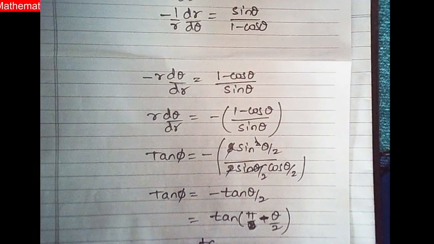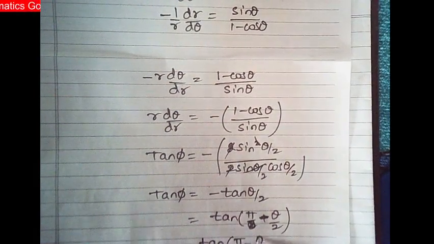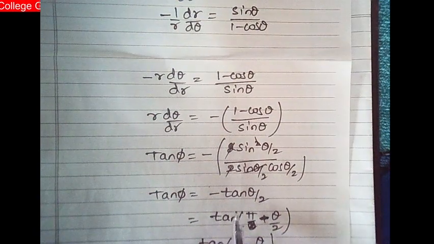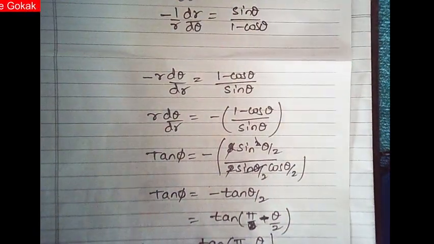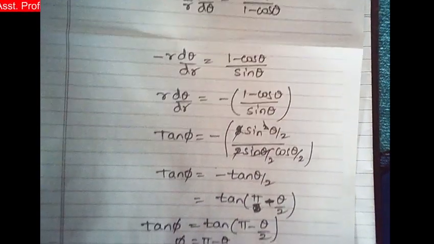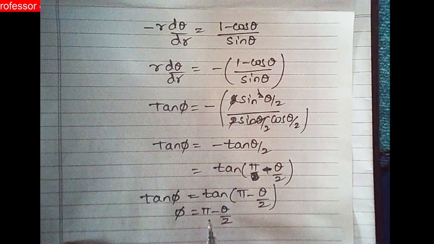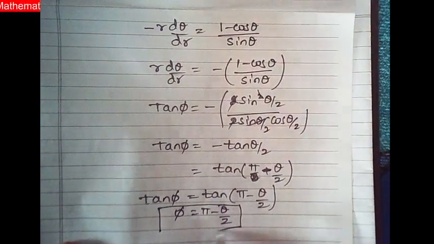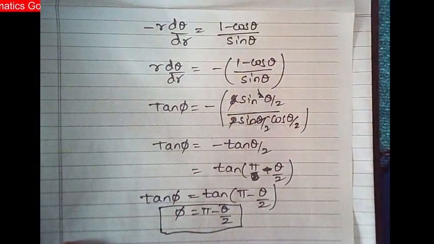That is tan of (pi minus theta/2), because pi minus theta/2 comes in the second quadrant, so tan is negative there. So this is tan phi, the tan on both sides cancels, and phi is equal to pi minus theta/2. So this is your answer, the angle between the radius vector and the tangent.